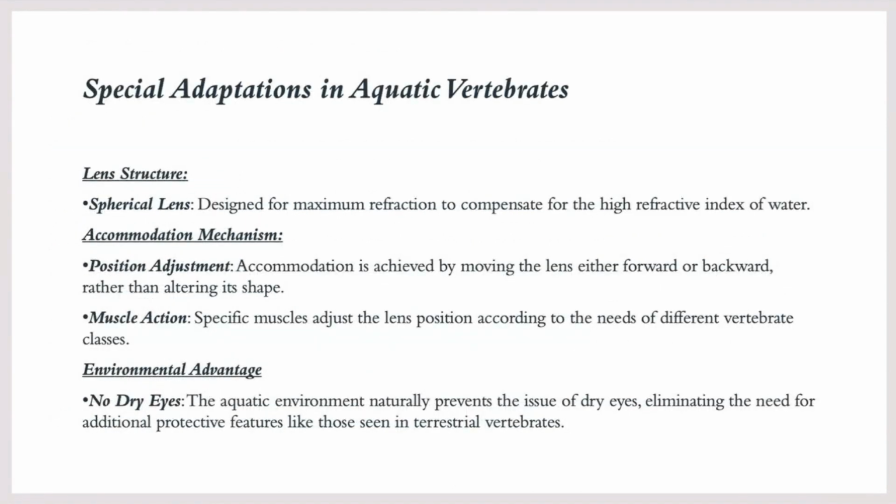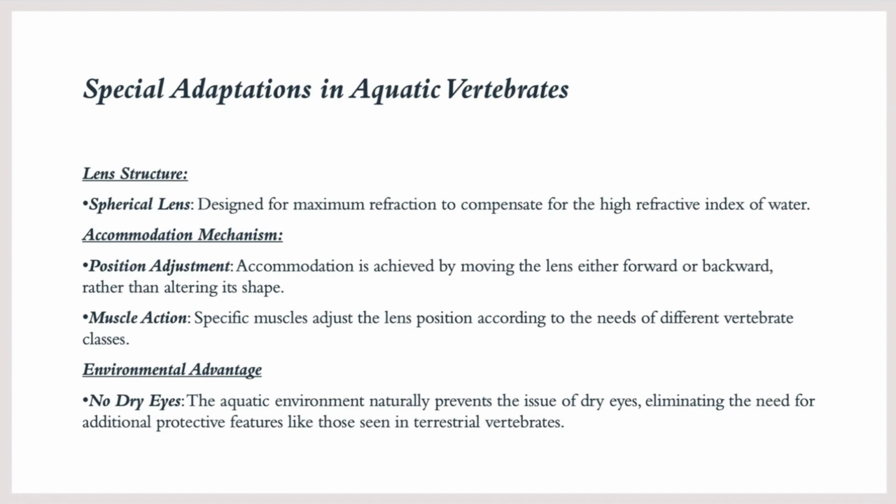When they're living in water, light passes through water, which has a very high refractive index. The fishes and the amphibians living in water would need lenses that could accommodate this: lenses that are spherical in shape, so that they'd be able to get the most amount of light.